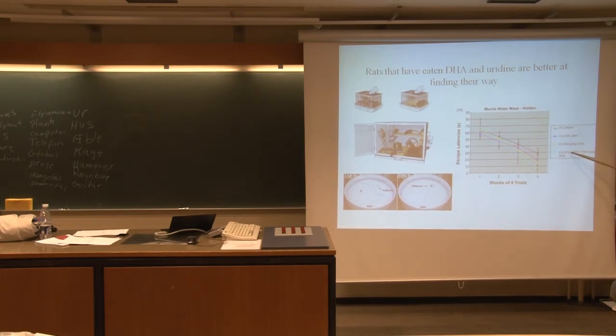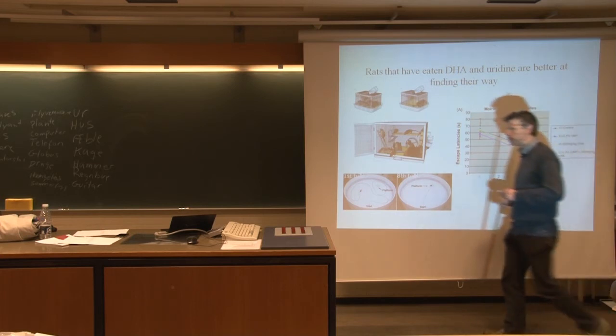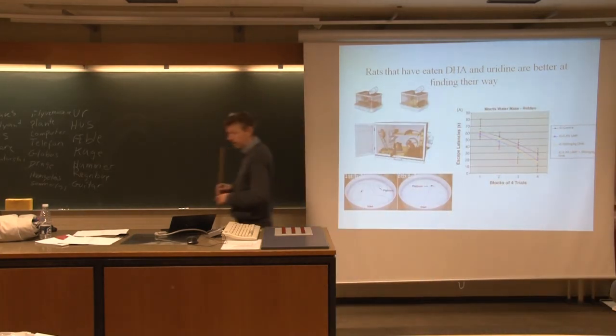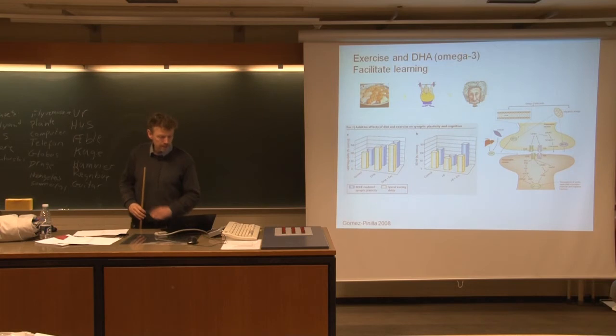Those who get uridine and DHA start out at a little bit under 70 seconds, and they end below 10 seconds. The only thing that has happened here is that they have had a supplement of uridine and DHA. That's all it takes. And this increased ability to find their way in the Morris water maze is quite well correlated to the number of new spines that they make per 50 microns. So just giving a little bit of DHA is all it takes.